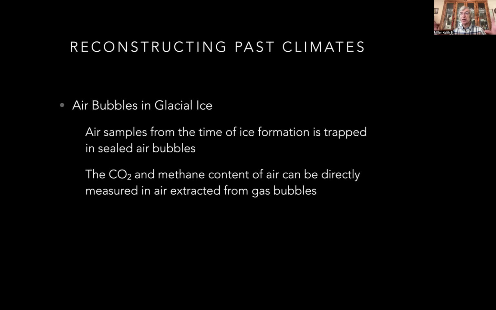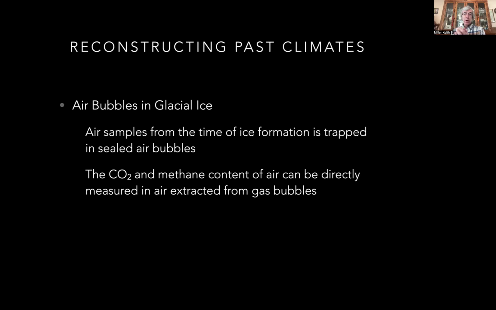So the snow gradually gets compacted, the air gets squeezed out, the snow melts and refreezes, and eventually it forms solid ice. And in the process, it's trapping air bubbles from the time at which it formed that solid ice. And ice is a really good protector, it seals those gas bubbles so that the gas doesn't leak out.